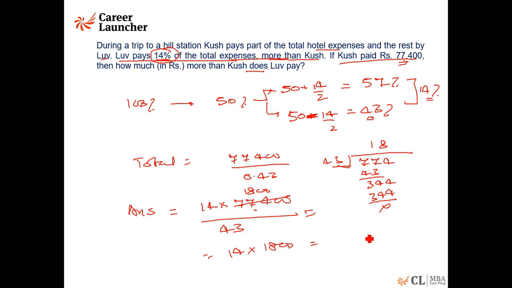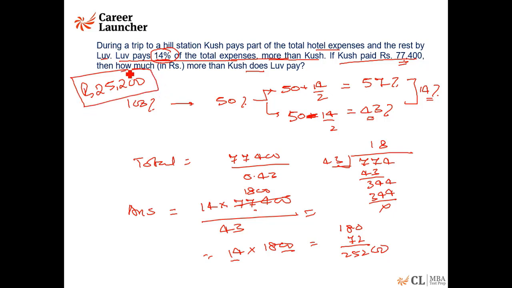So how much is 14 into 18? 18 into 10 plus 18 into 4. 18 into 10 is 180. 18 into 4 will be 72. So 252, and then 2 zeros. So the answer would be rupees 25,200.